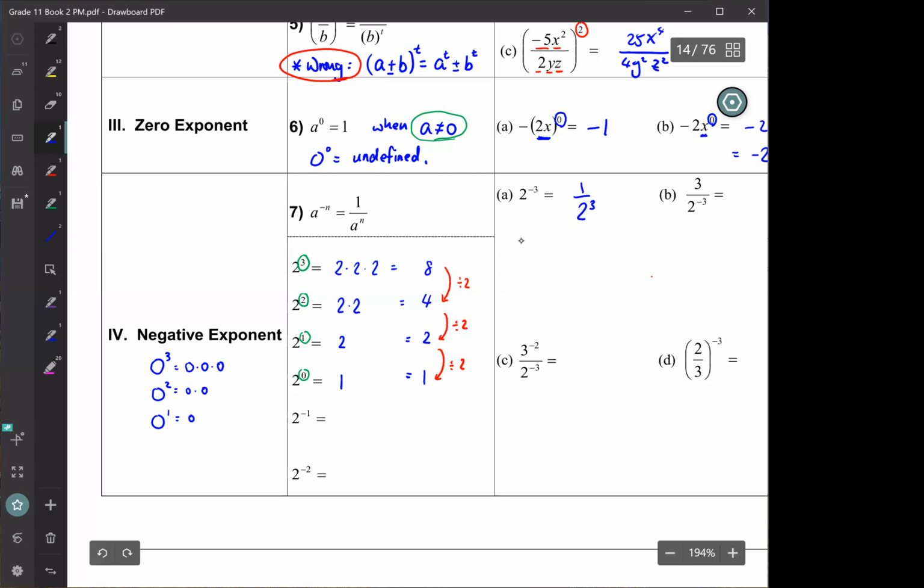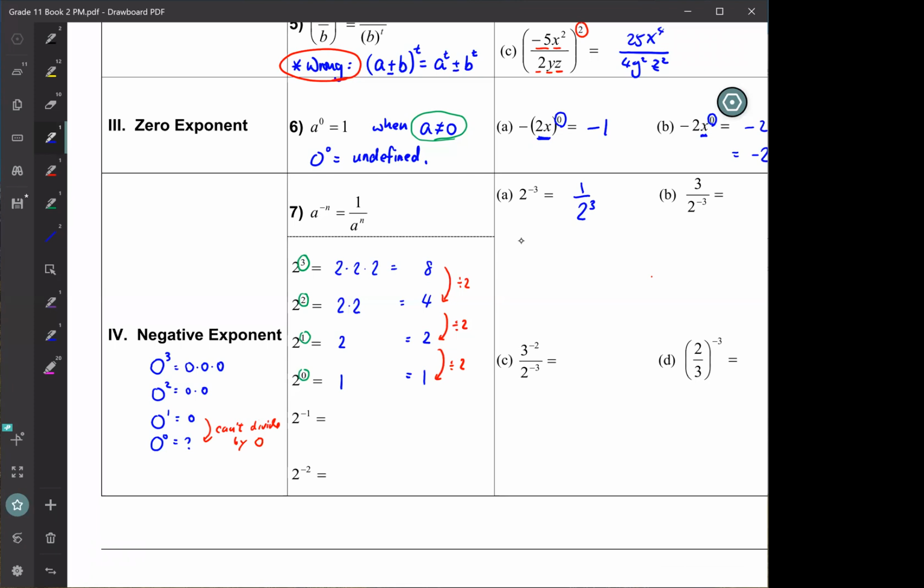Now, if we want to figure out the next one, does that mean we need to divide by 0? If I want to go down. It cannot be done because dividing by 0 is undefined. The denominator can never be 0. You can't divide by 0. So if you want to go down one more, you'll just say undefined.